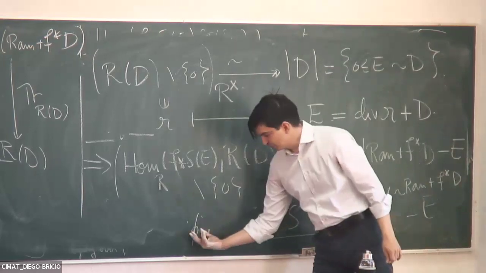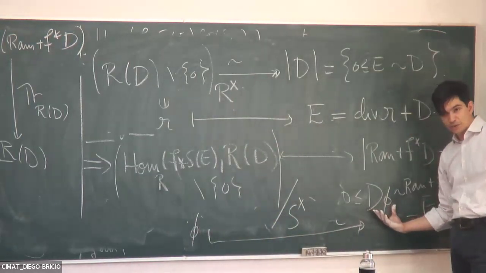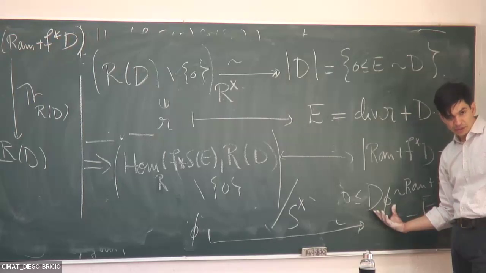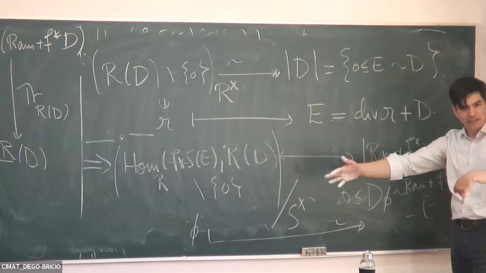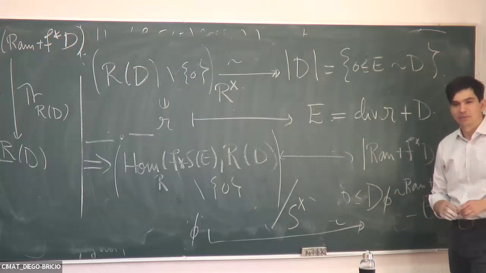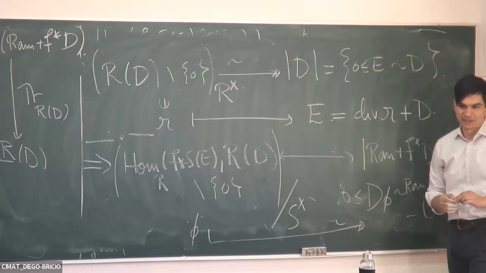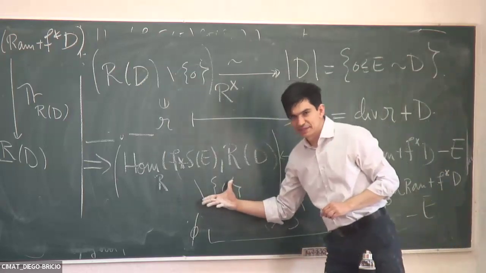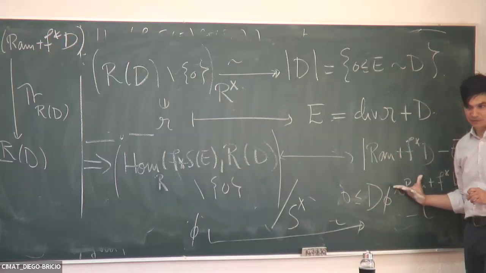Operations you have to do here that may be complicated will translate to operations here, but it will boil down to adding integers, the same type of 8 plus 11 thing, which in principle is much easier. Maps equal divisors because of this.